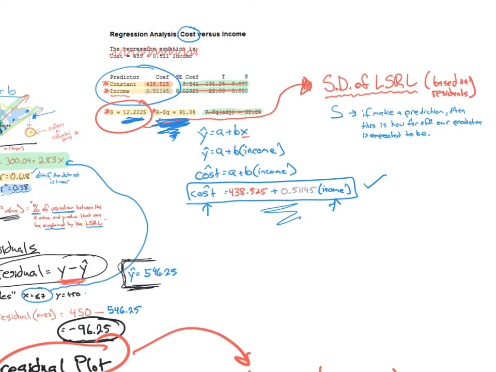So if we have a really, really high R squared value and a really, really low S value, then I look at this equation and say, wow, I like that. It's going to make me good predictions. And this is business, right? This is what we use in business. So to make good predictions, we want small S values, right? They tell me that when I make predictions, it's not going to be off by too much. And I want high R squared values that tell me that these two variables are very, very strongly linked together, right?